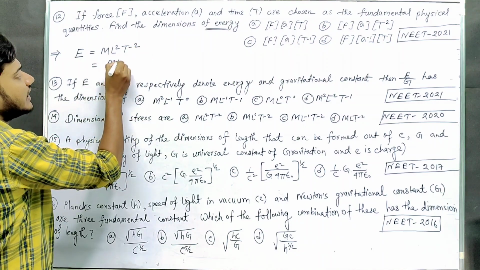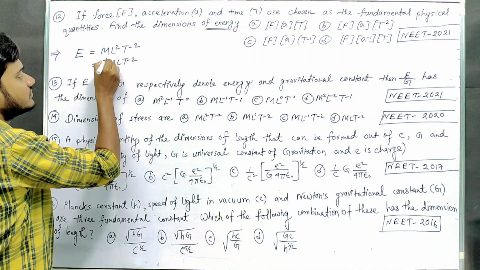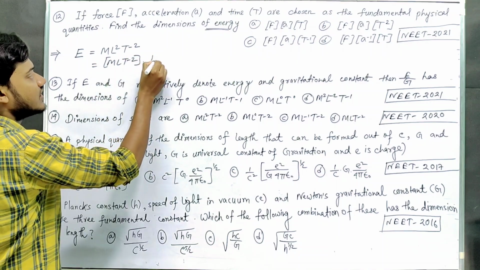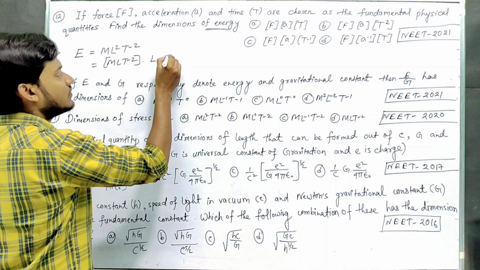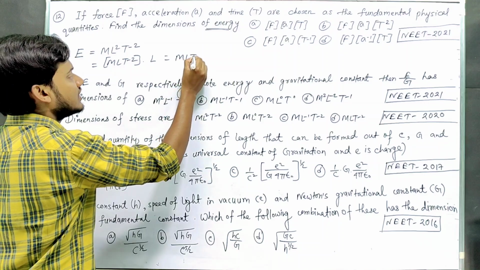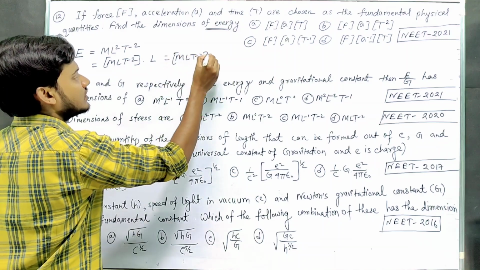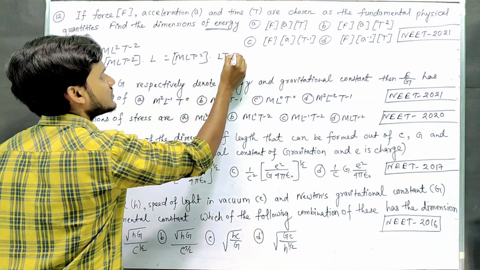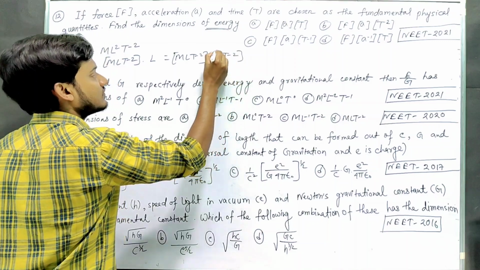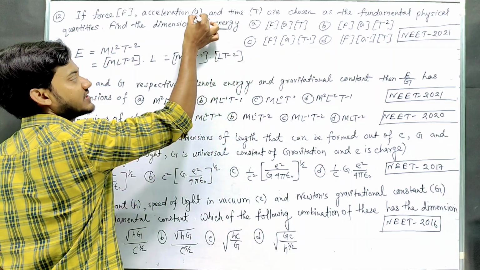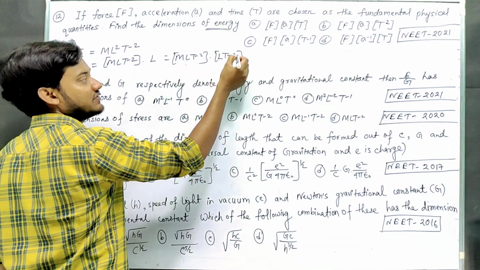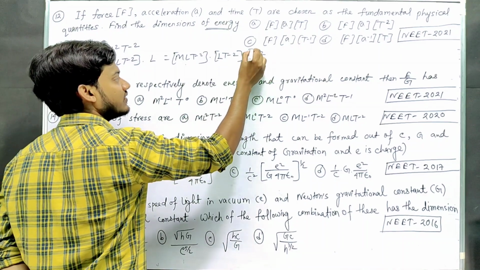Okay, MLT inverse 2 is force, extra L. Okay, we can write MLT inverse 2 into L. T inverse 2, L T inverse 2 is acceleration, this is force, extra T inverse 2, so we have to write T square.